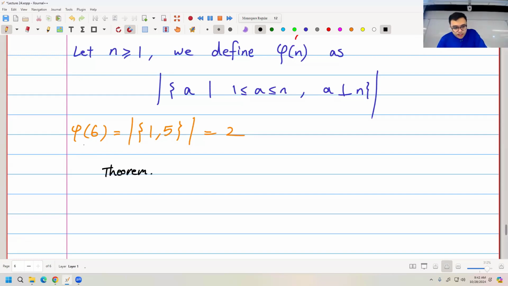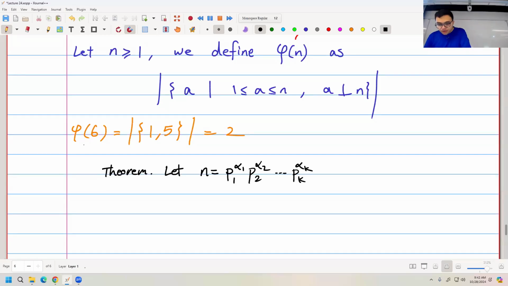I'm saying, look at the prime factorization of n. So let's say that n is p1 to the power of alpha 1, p2 to the power of alpha 2, so on to pk to the power of alpha k. And let's say that all of these powers are non-negative, of course. I mean, I'm not going to include zeros in there.